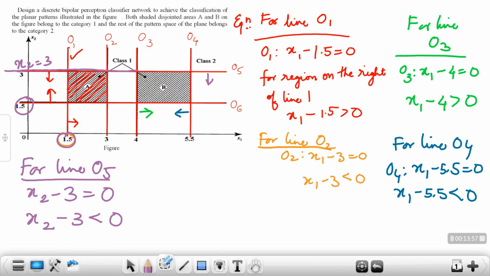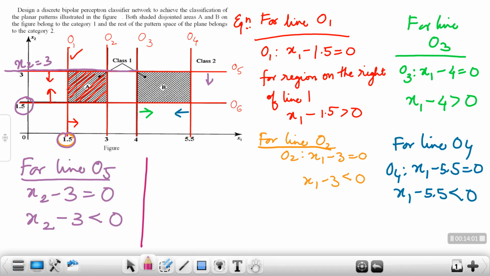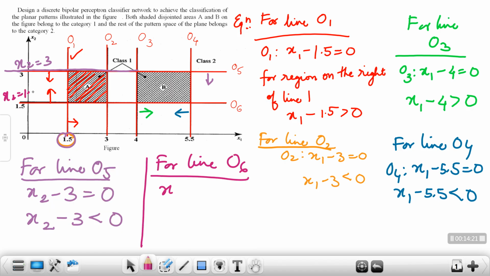And for line O6, the equation of the line O6 is x2 is equal to 1.5.